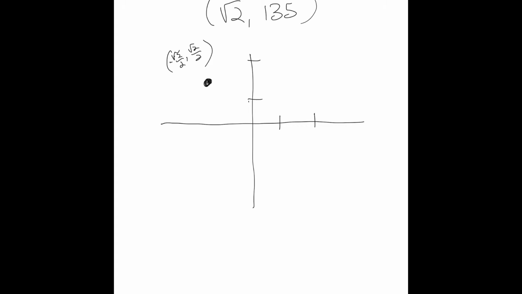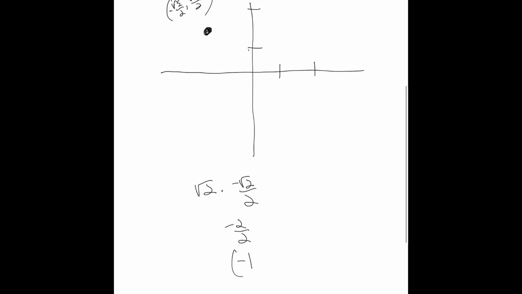So I'm going to do √2 times the x part, which is negative √2 over 2. Remember, if you take a root and multiply it, √2 times √2 is just 2, so that's negative 2 over 2, which is negative 1.